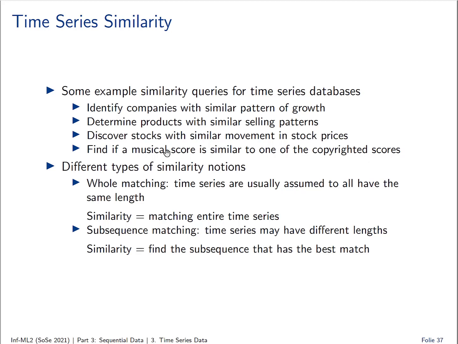Yeah, so we not necessarily want to compare the entire time series, but we may also just be satisfied with comparing sequences, subsets of the time series. Yeah? So this is what I meant with similarity models on a higher level. What kind of comparisons do we want to do on a higher level?